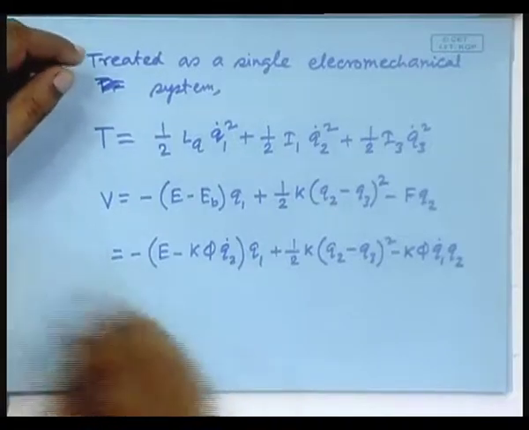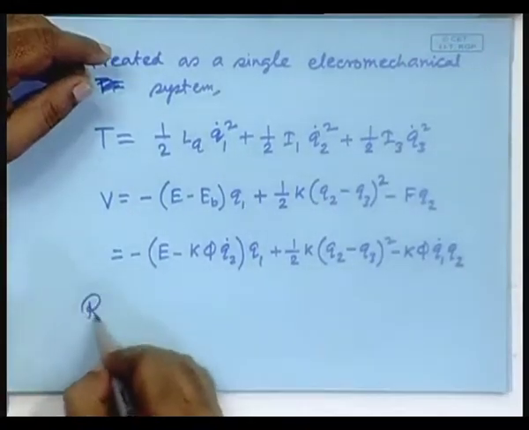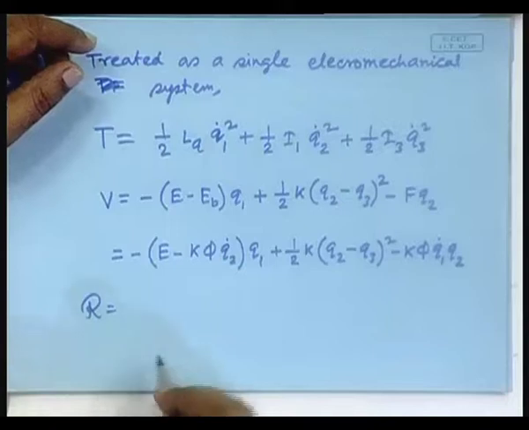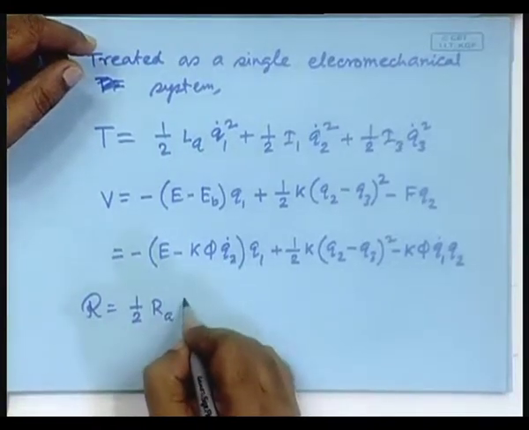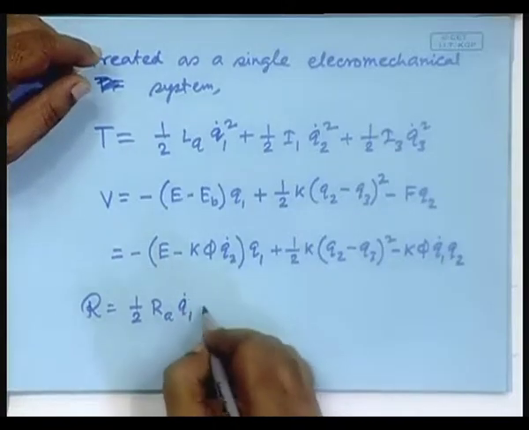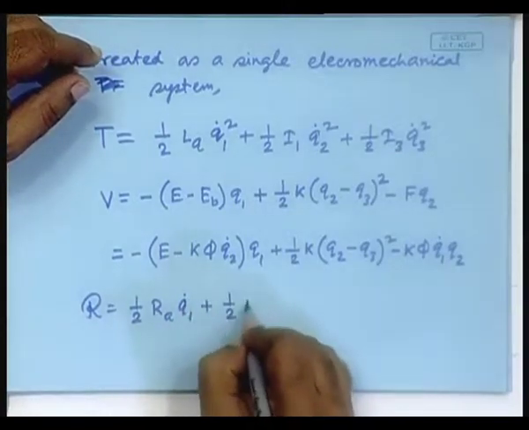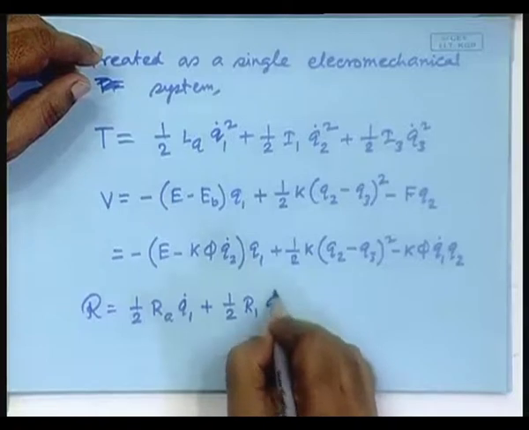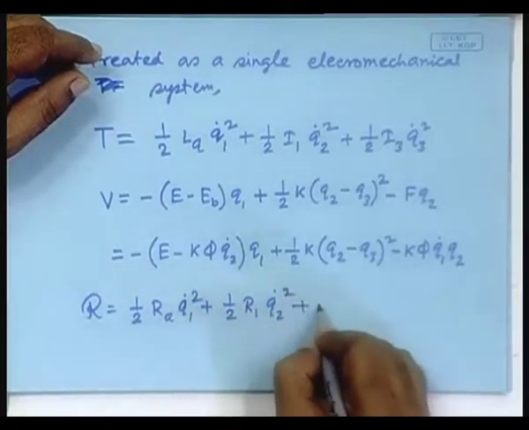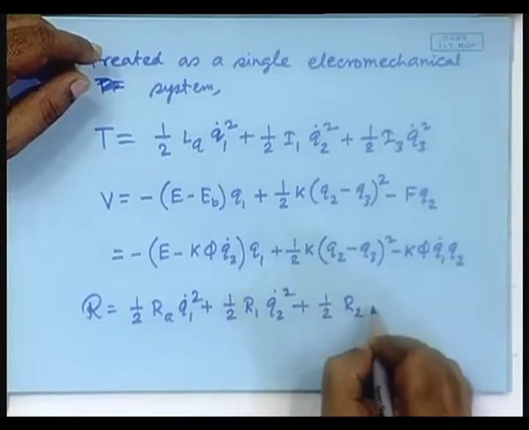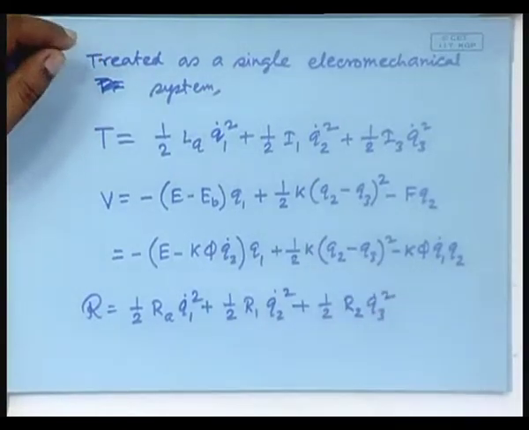Fine, leave it like that, and the total Rayleigh function is half R A Q 1 dot plus half R 1 Q 2 dot square plus half R 2 Q 3 dot square.